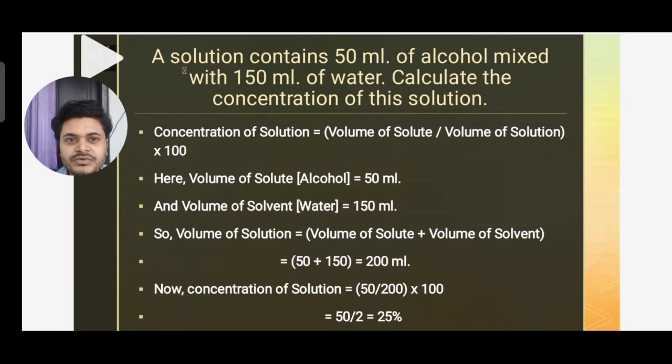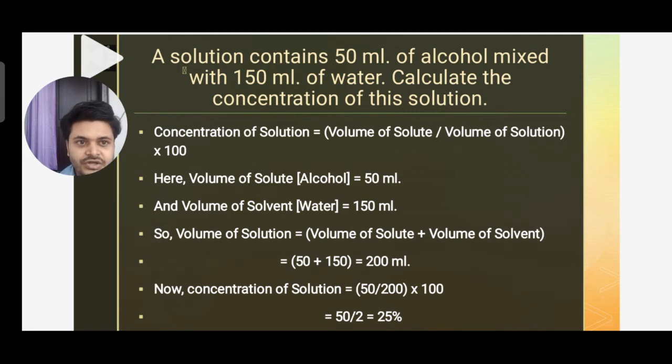We know the formula: volume of solution is equal to volume of solute plus volume of solvent, that is 50 plus 150, equal to 200 ml. Now the concentration of solution: 50 by 200 into 100 will be 25%. So what is the concentration of solution?